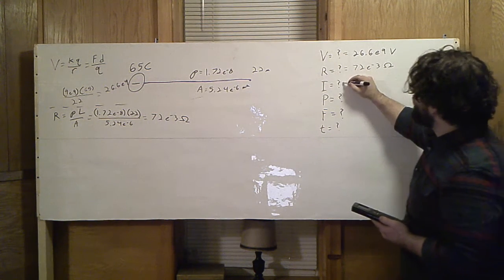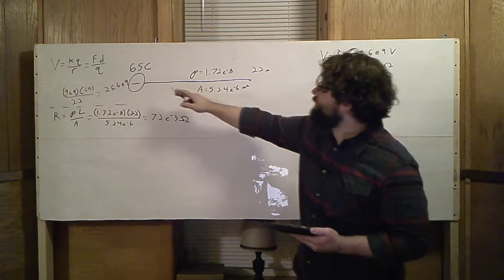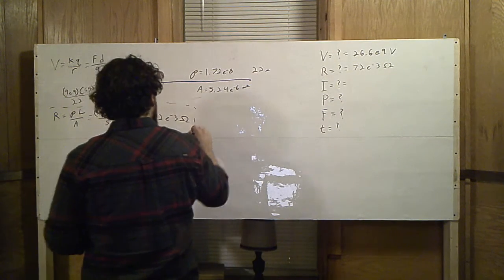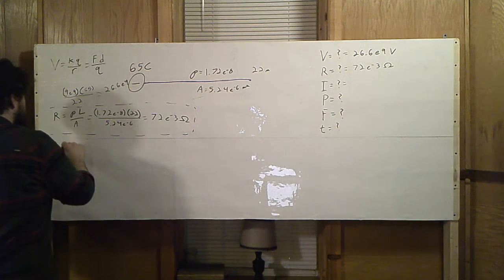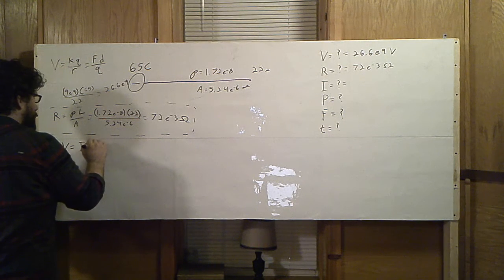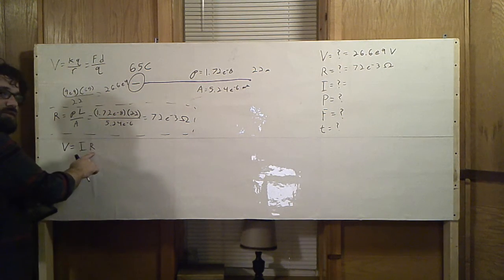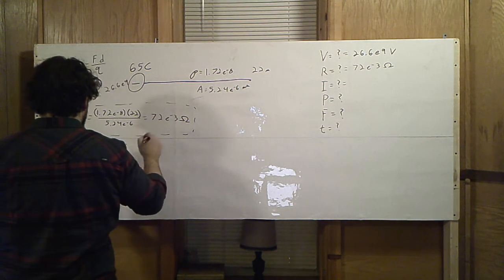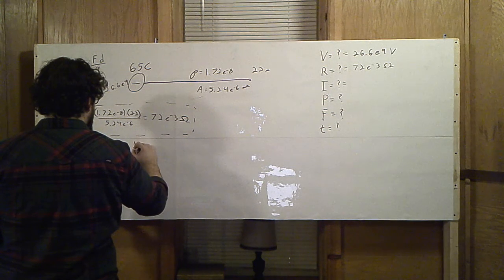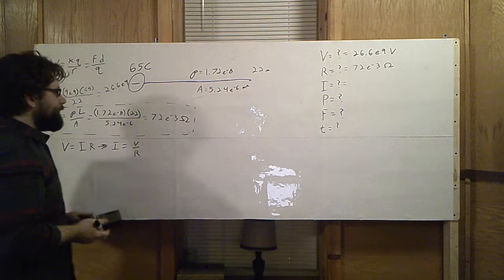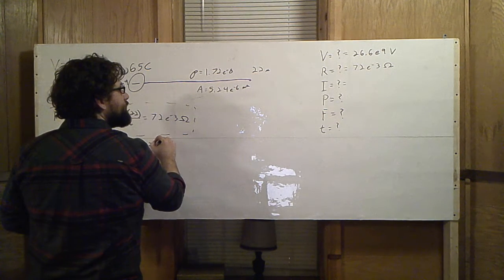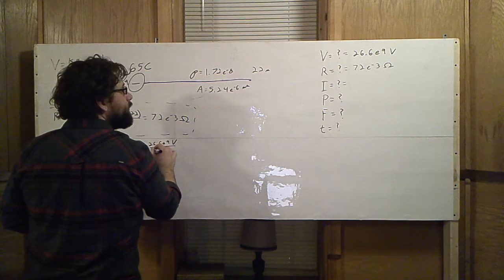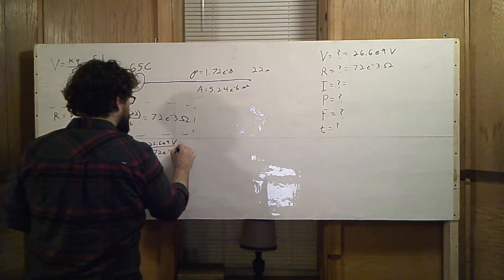All right, now we need to know current. What will be the current as we travel this way? Well, that's nice and easy. We can just use Ohm's law to find that. Ohm's law is just V equals IR. Rearrange that because we have voltage, we have resistance, so I equals V over R. V was 26.6E9 volts divided by 72E-3 ohms.